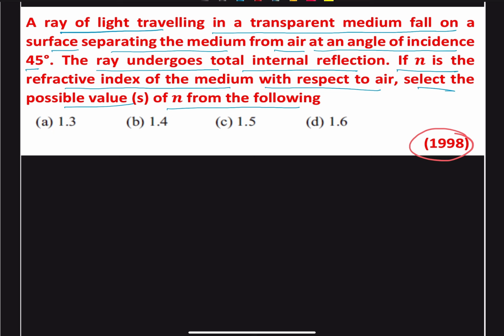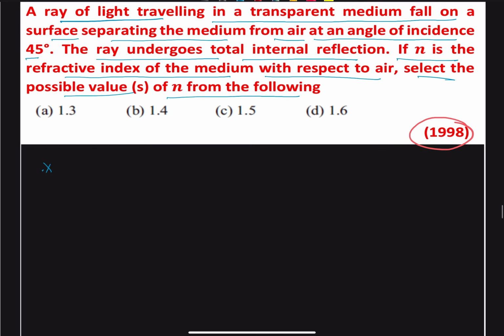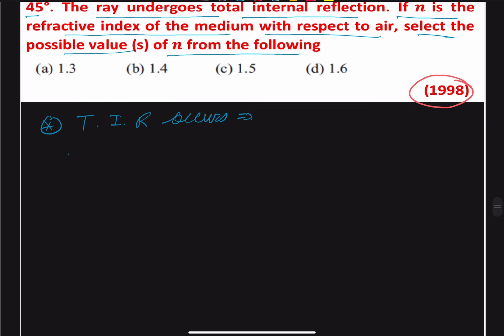And here, for total internal reflection, we can say that total internal reflection occurs, first, when light travels from denser medium to rarer medium.